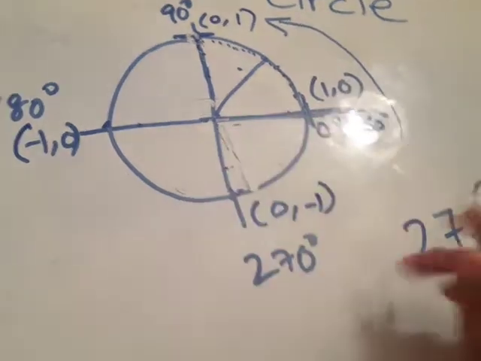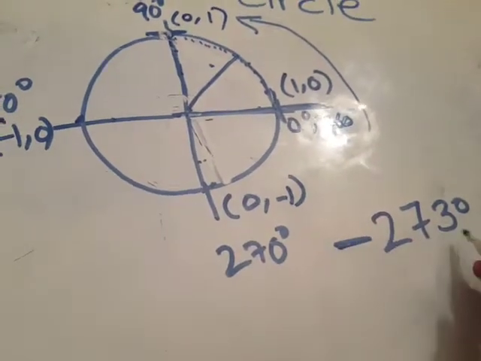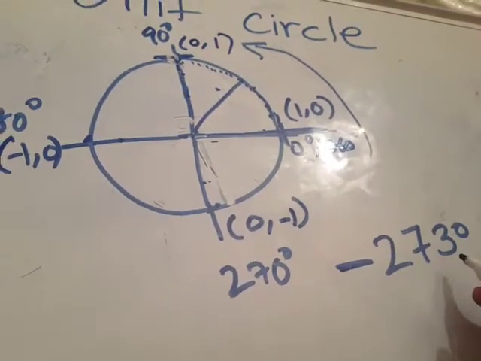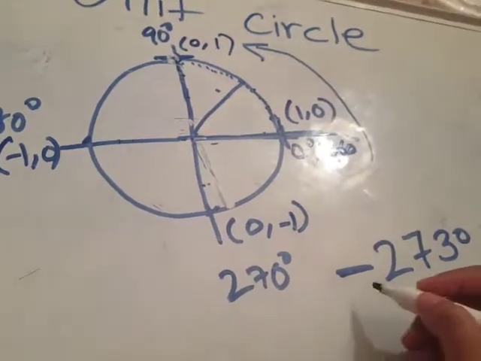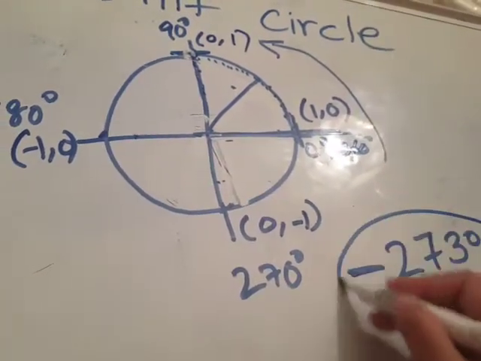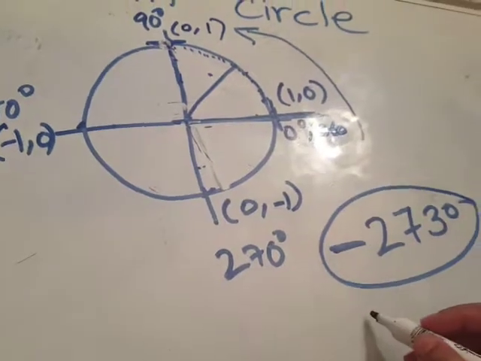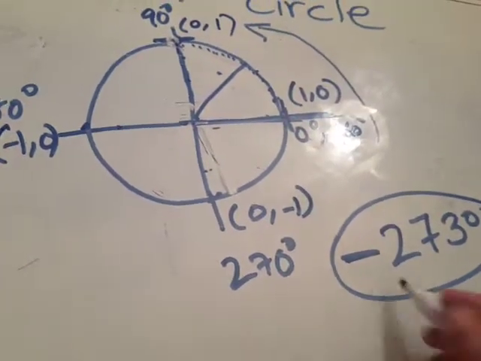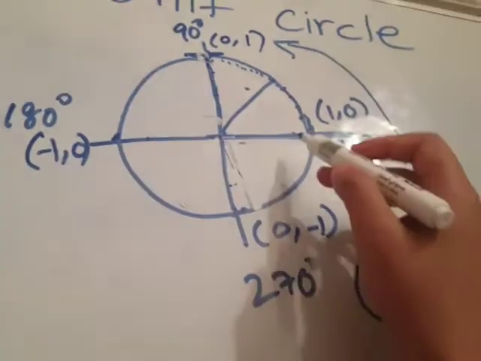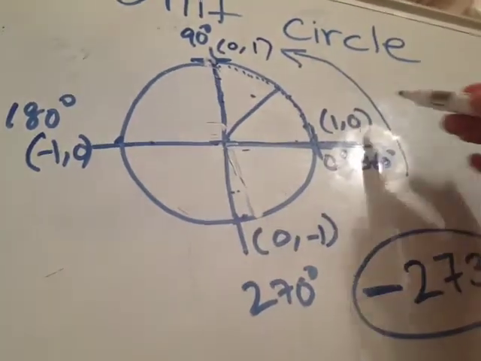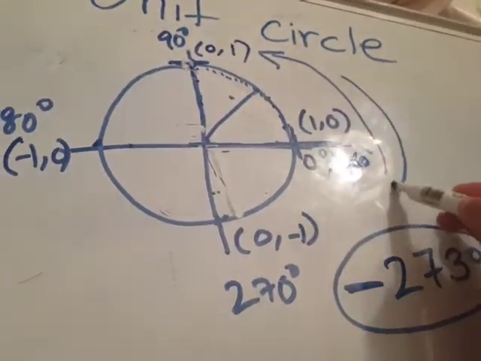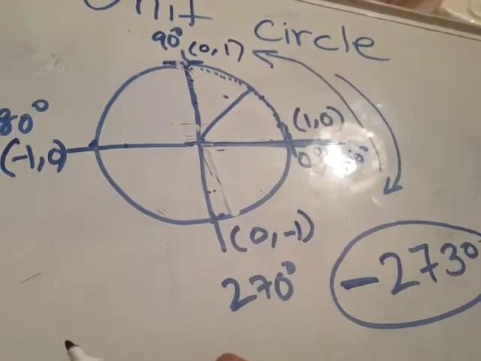If they ask you to draw minus 273 degrees, this means that now you have to change the direction. A minus sign with an angle represents that you have to move in the clockwise direction. You have to change the direction of your angles.